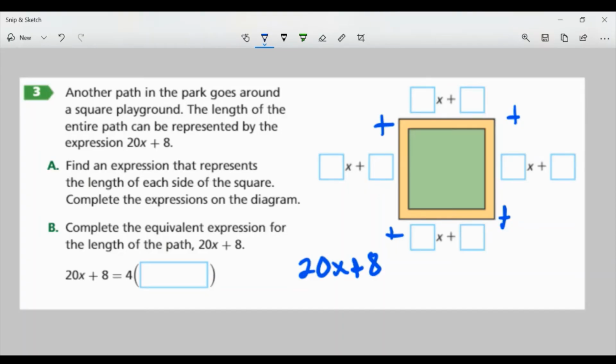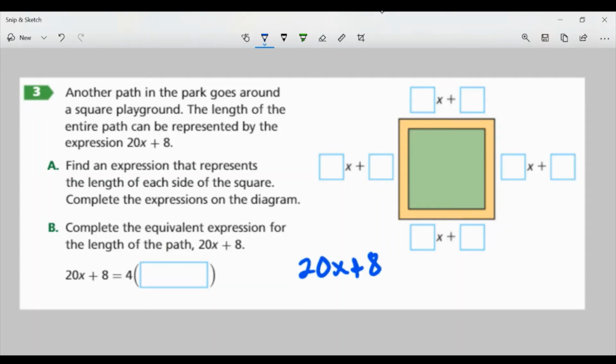So that means if I factor it by 4 or divide it by 4, I can figure out what each side is. Now, the reason I'm able to do that and divide by one simple number of 4, or each side, is because it's a square. Remember, a square is only a square by definition if it has 4 equal sides. Okay?